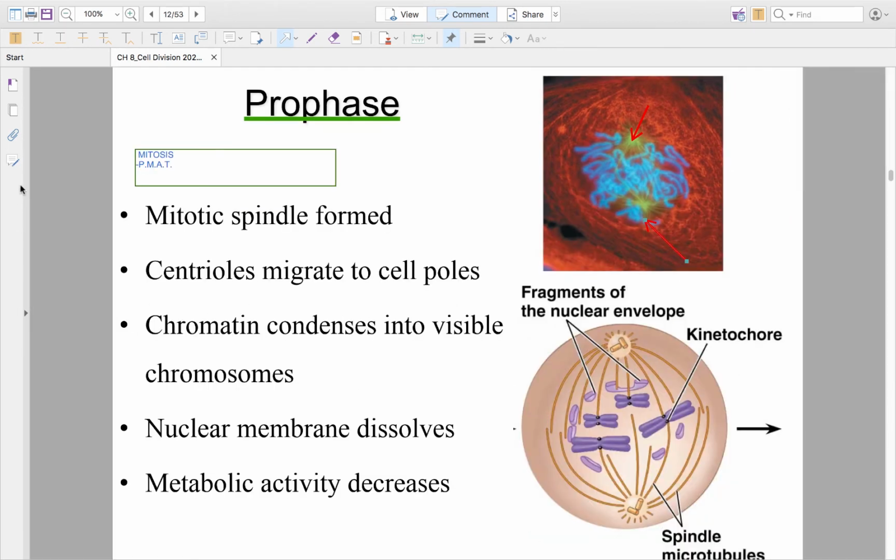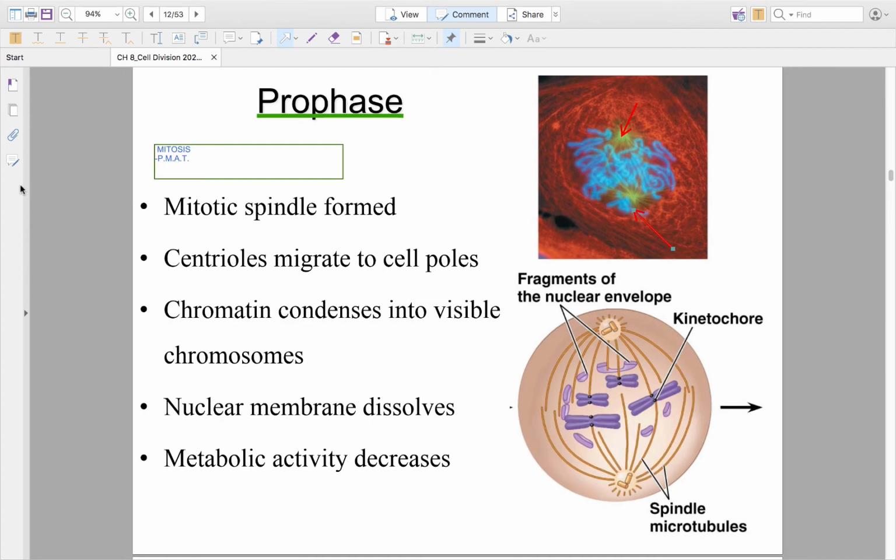Okay, so there are certain ways to remember all of the steps, and this is how. In prophase, the following occurs. Something called the mitotic spindle is going to form. What is that? Well, that's this. See these little guys right here? These are called the centrioles. They're not usually in that position. See them in green up here?